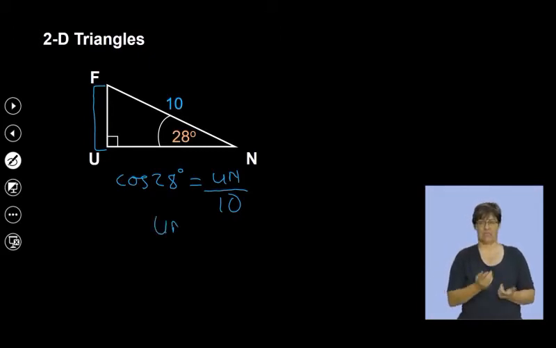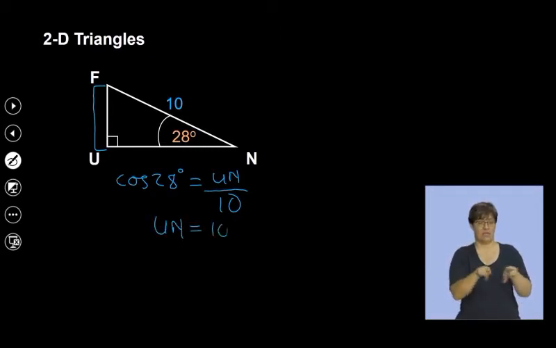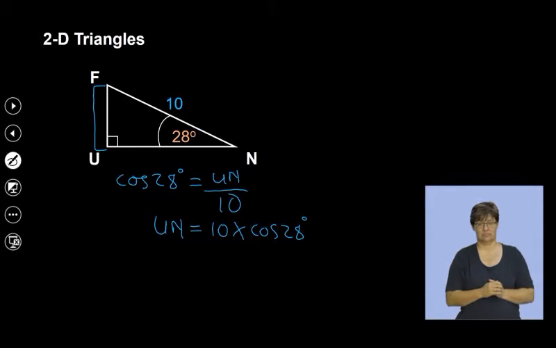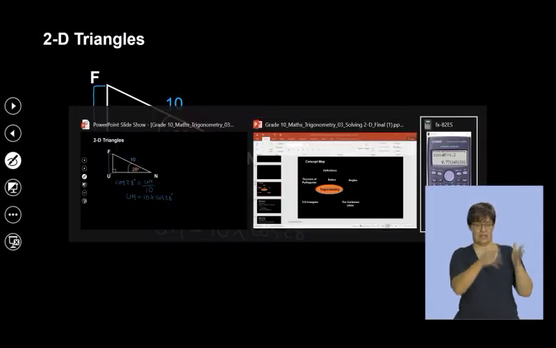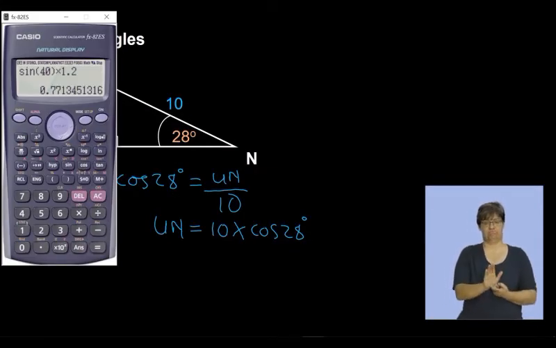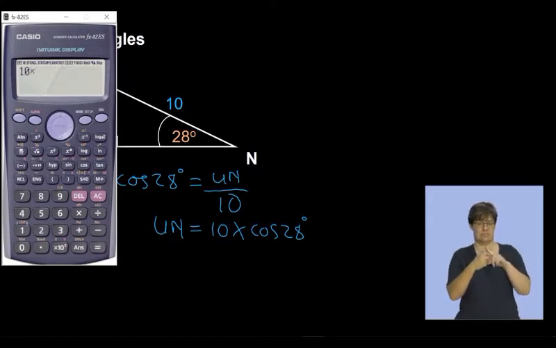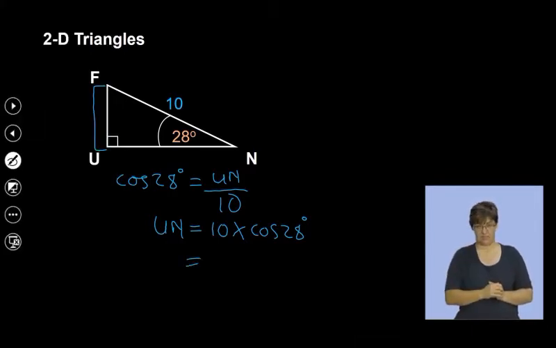And then UN will therefore be equals to 10 multiplied by cos of 28 degrees, and then you will press this on your calculator. This will be equals to 8,82 or 83 if you round it off. So this will be 8,83, and that will be the length of UN.